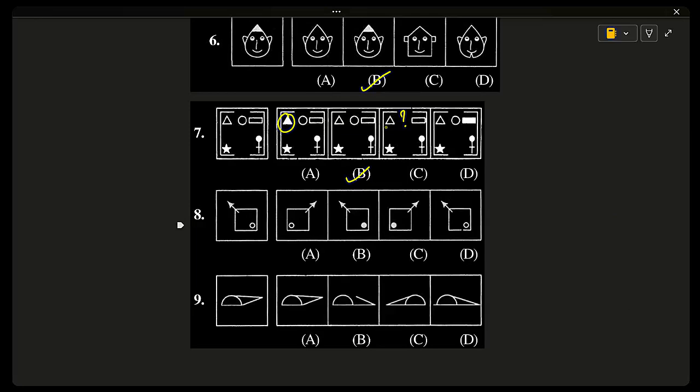And in option D, the rectangle is shaded. So those are the differences, and option B is exactly matching. Eighth one. Clearly we can see option D is correct. And ninth one, option A is correct. And one more question in this part.